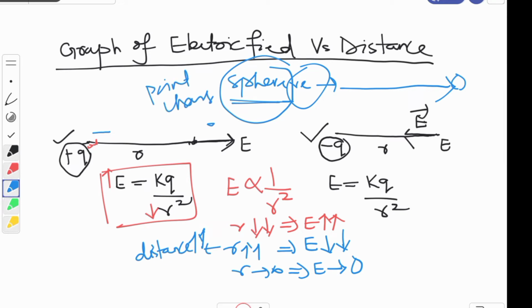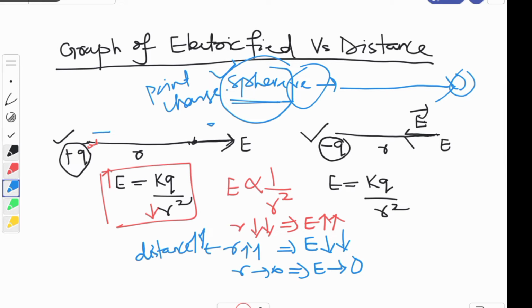So if you are calculating the electric field at a very large distance, you can treat this sphere as a point charge. Is it clear? Then how will the graph be?